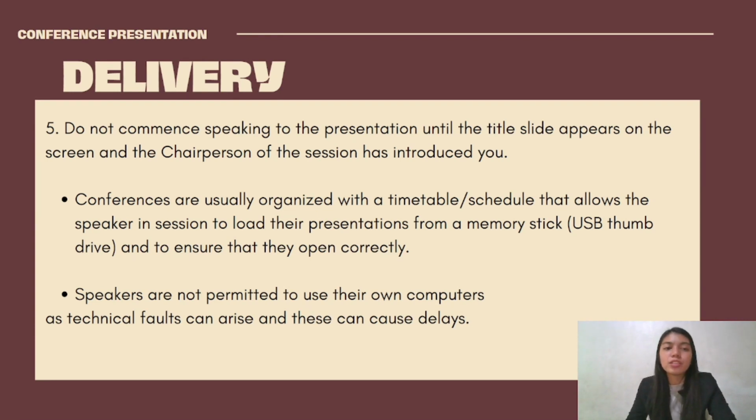Next, speakers are not permitted to use their own computers as technical faults can arise and this can cause delays. This should happen before the session starts, usually during a coffee break or a lunch break.